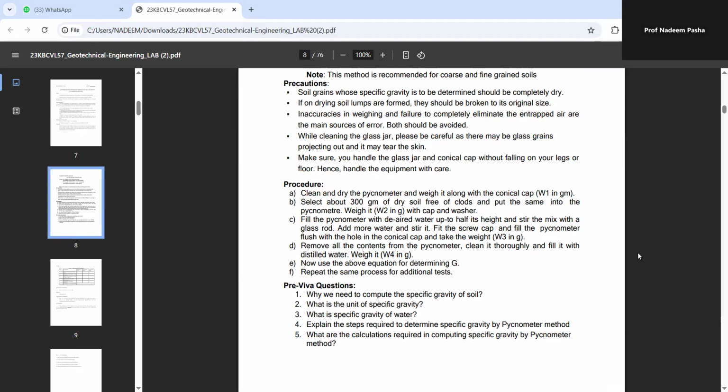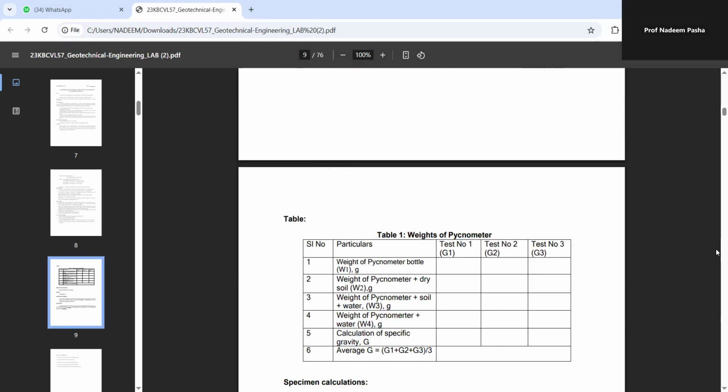So what are the calculations required in computing specific gravity by pycnometer method? These are the calculations: how to calculate W1, W2, W3, and W4. In the tabular column you see serial number, particulars, test number 1, 2, 3. Normally we conduct the same experiment 3 times and take the average. Weight of pycnometer bottle, W1, in grams. We are calculating all the values in grams.